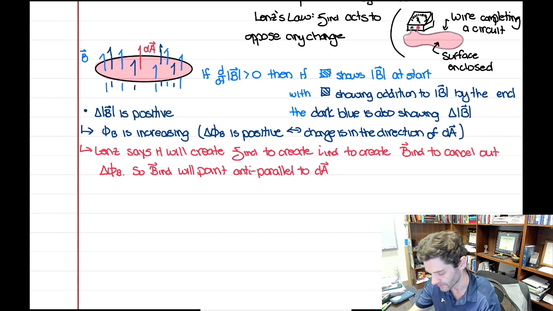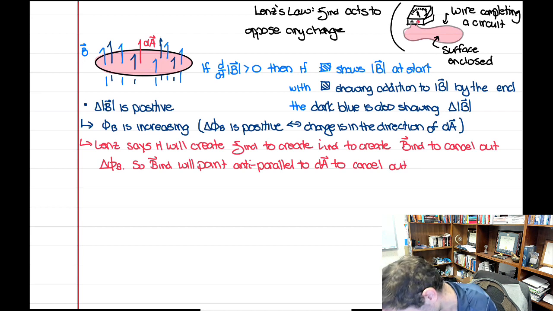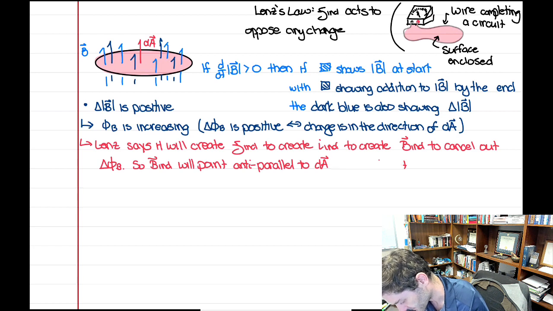Again, the good old days. To cancel out, I'm being redundant. We'll create psi to create I to create B to cancel out the change. So that's how we've done it.